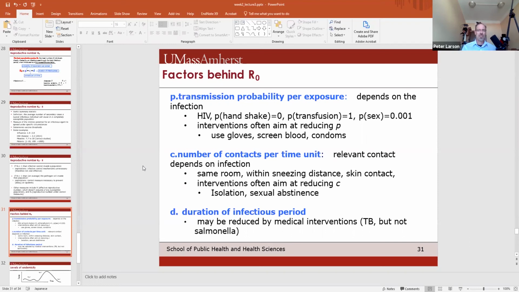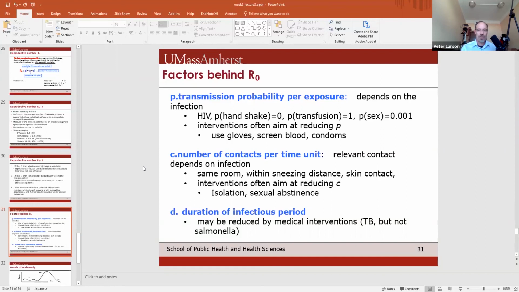And there are implications for the type of contacts that are made. HIV is infectious, but requires direct contact with blood or sexual contact. Handshakes won't transmit HIV, but will transmit things like influenza. So this can vary by pathogen, and even vary within the pathogen, depending on time of year or genetic profile or whatever, and the host.